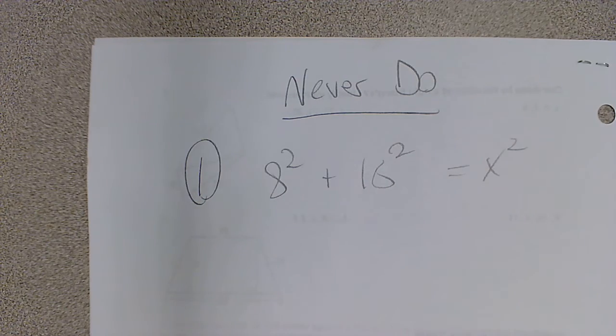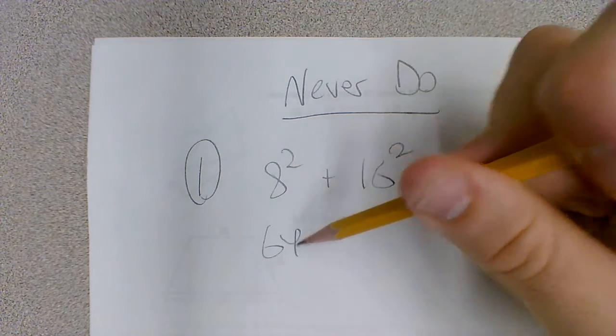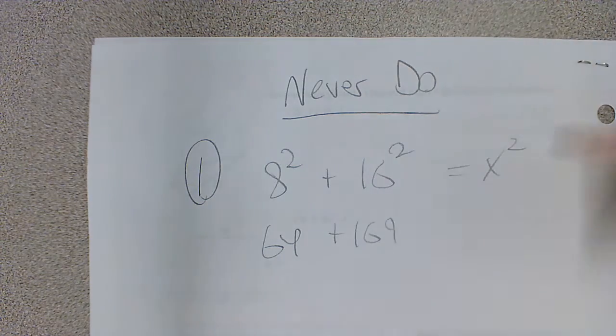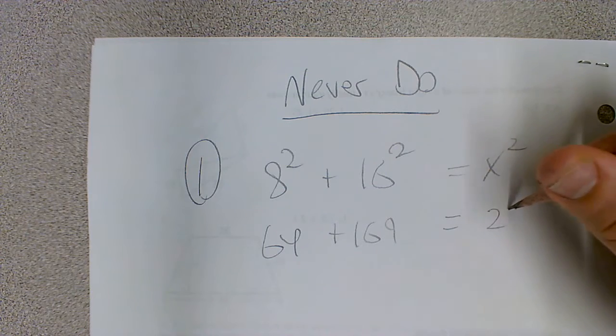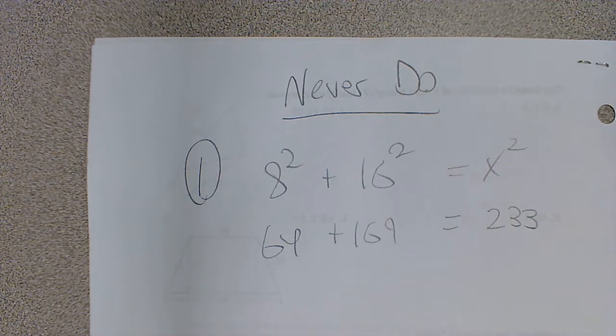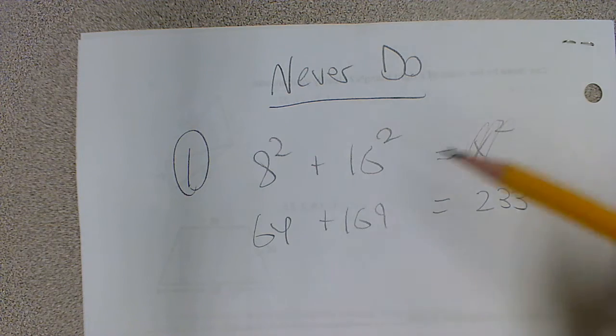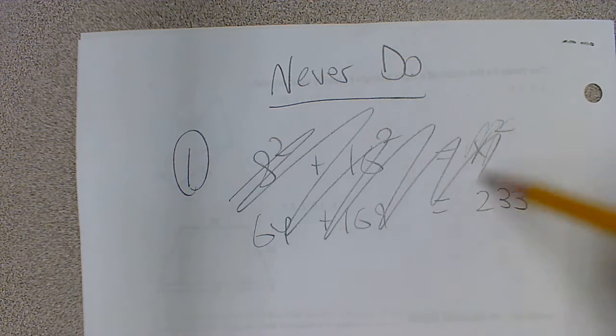The first thing I never want you to do is square these out, and then add them over and say that the right side is 233. Because now you're stuck. You lost your x, that thing went away, and you just left 233 here on the right. You can't do anything with that. This is an unsolvable problem.